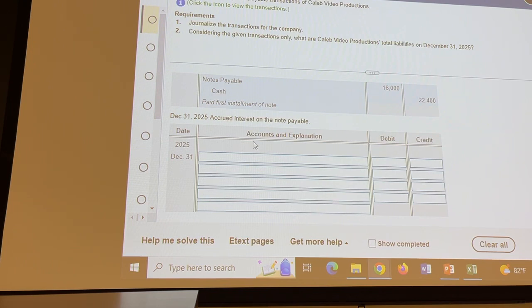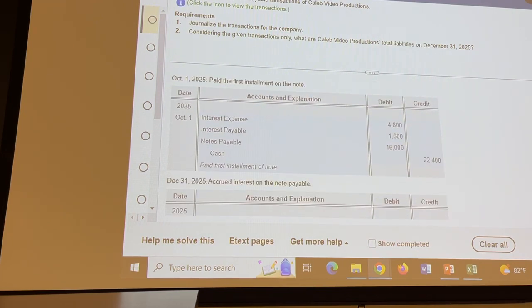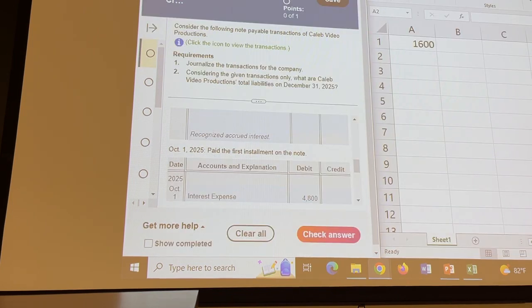Okay, then we accrue interest on the note again on December 31st, 2025. Now we don't have as much outstanding anymore. So split my screen here again.